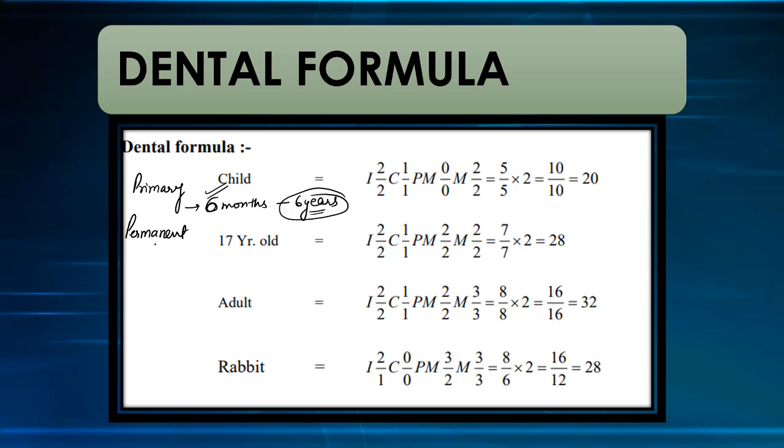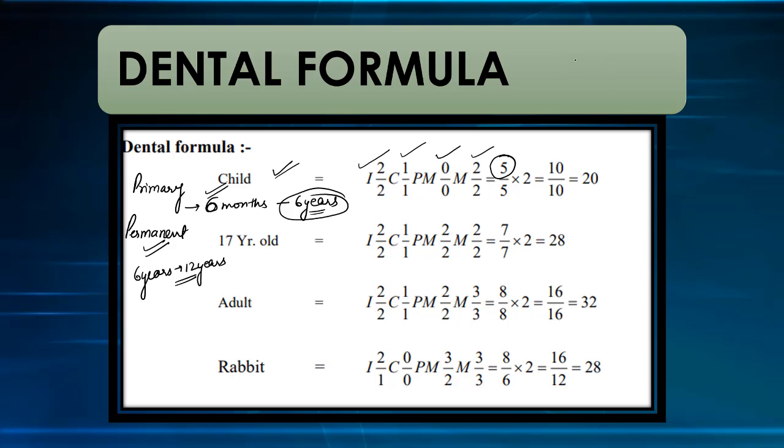When we talk about the permanent dentition, from 6 years to 12 years there is a mixed dentition stage in which the jaw has both primary and permanent teeth. In the dental formula, incisors 2, canine 1, premolars none, molars 2, so 5 teeth per quadrant.